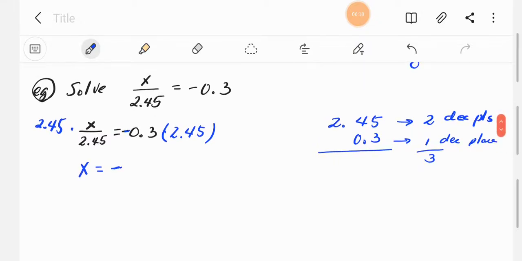Then 3 times 5 is 15 and 1 up. 3 times 4 is 12, so it is 13 and 1 up. 7. And then how many decimal places do we need? 3 decimal places. So put the decimal point here, so that the product will be negative 0.735. So this is the solution.